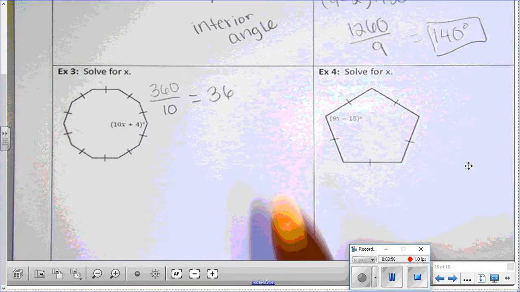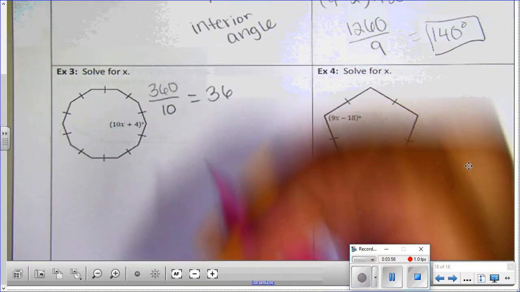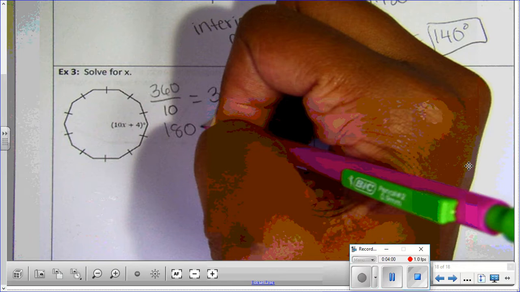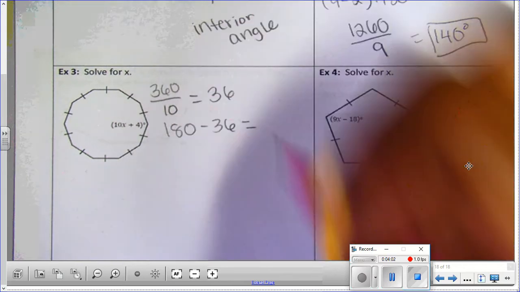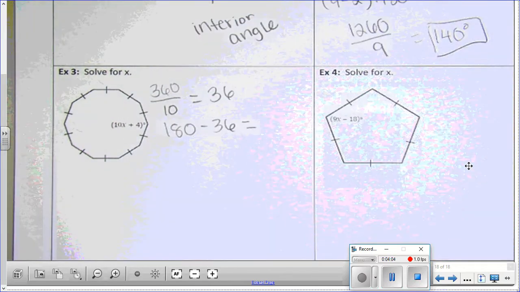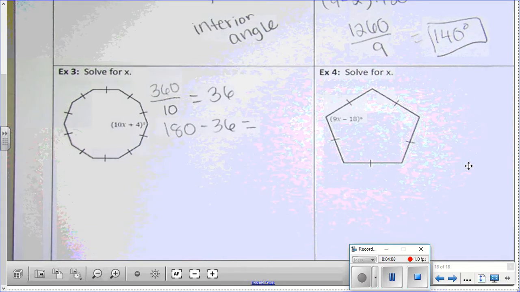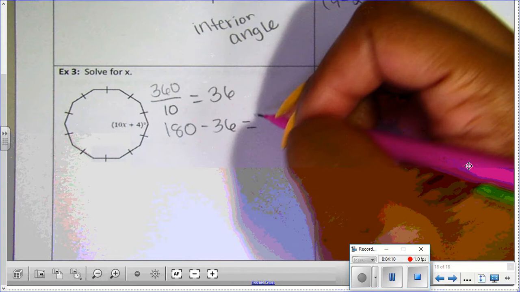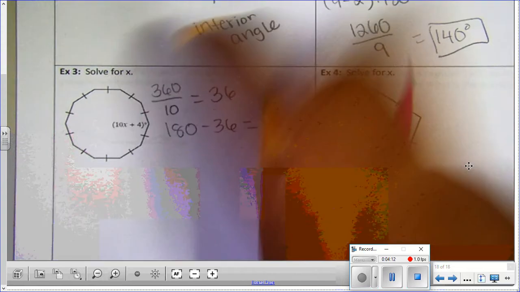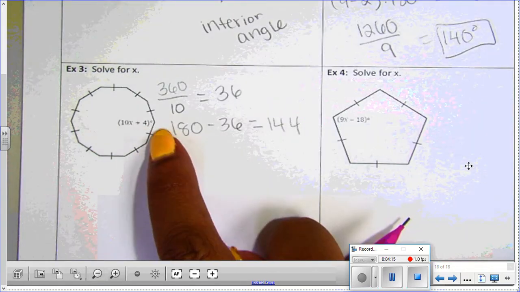Then to find one of the interior angles, we're going to do 180 minus 36. And what do we get? 144. Good.